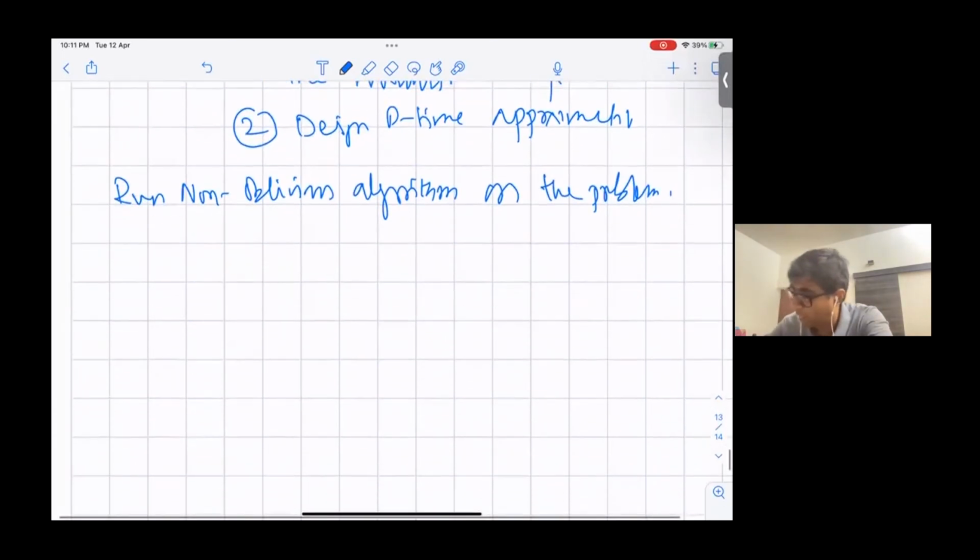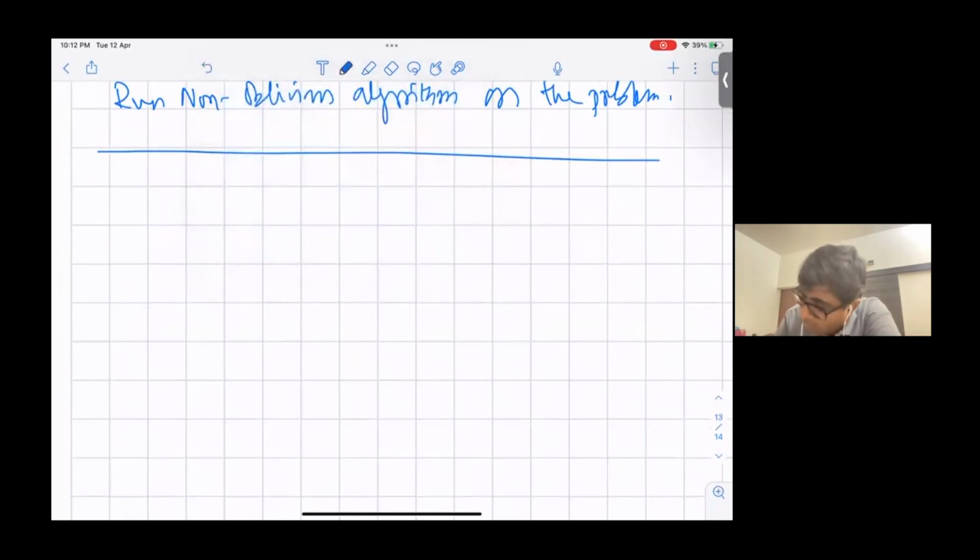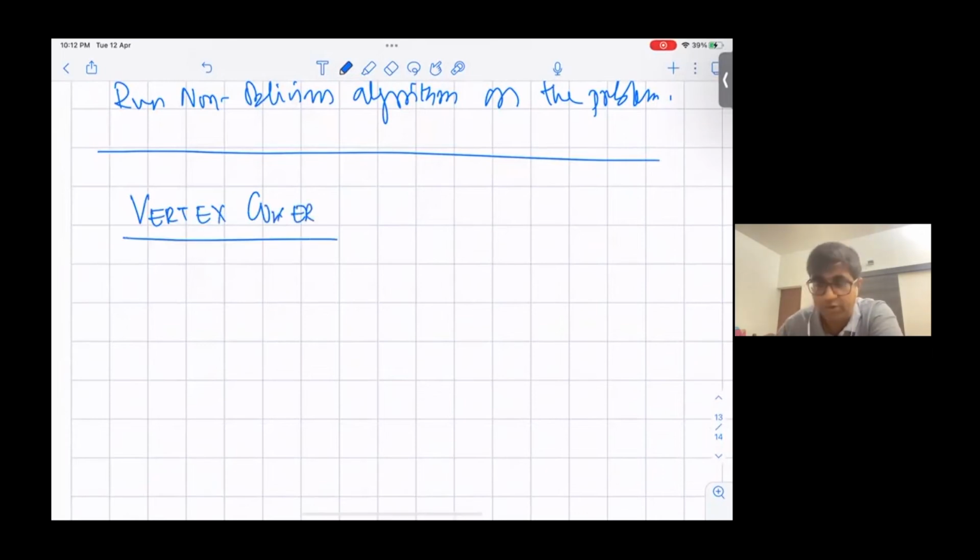So now let's go back. We are changing gears and picking up a slightly more difficult problem. Again, our objective is to solve vertex cover. It never changes. Our objective is always to solve vertex cover in this course. We don't want to solve anything else. Anything else is just a help to solve it.